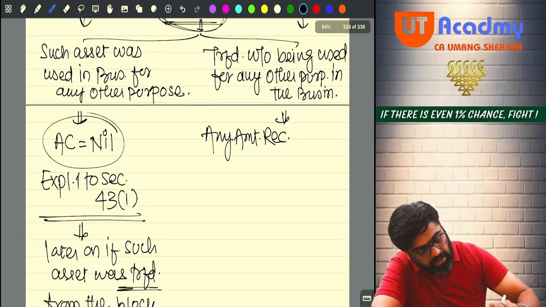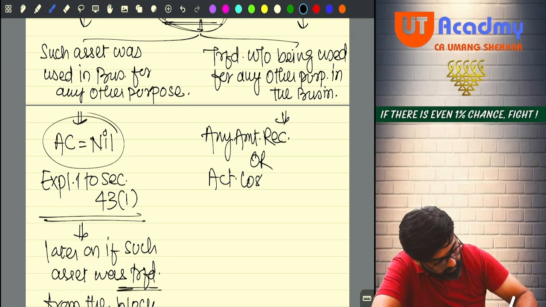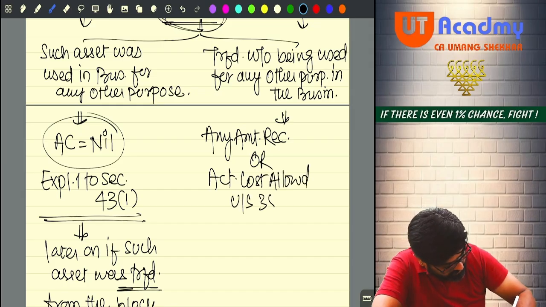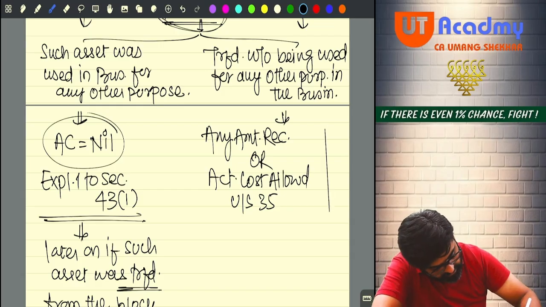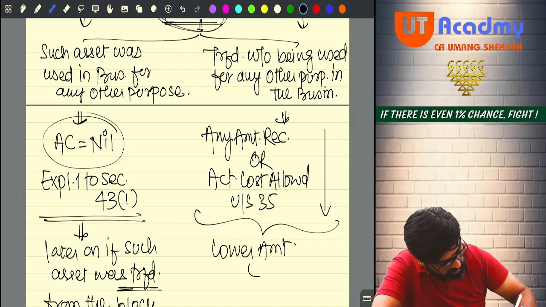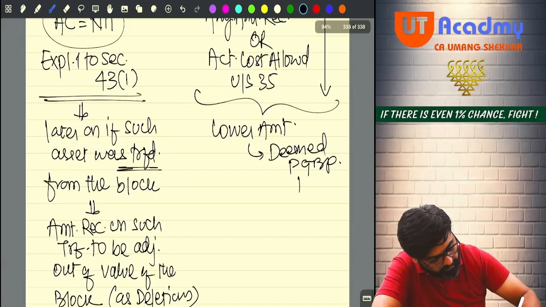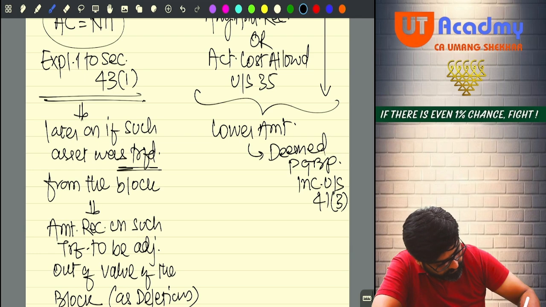So tell me, amount recovered or actual cost allowed under section 35, whichever is lower, that lower amount will be treated as your deemed PGBP income under section 41(3). Yes or no?